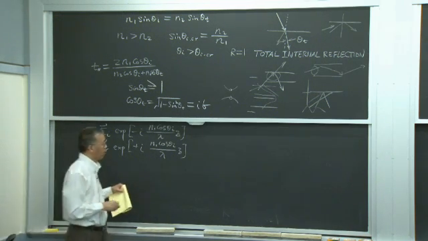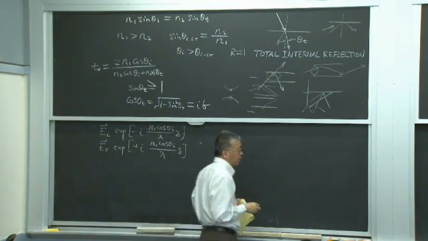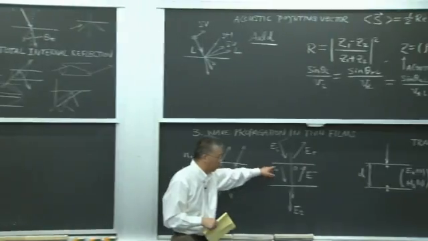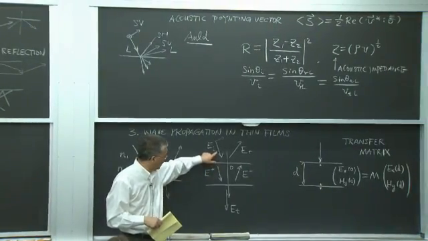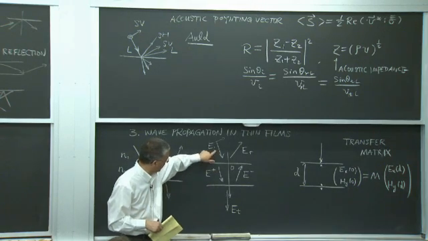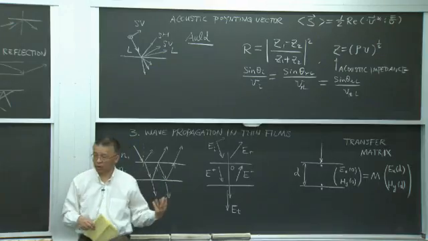And the same, you can write the transmitted, the forward propagating E plus. Like I said, this is not just from E_I. It's from the multiple reflections, so I don't know the relation.